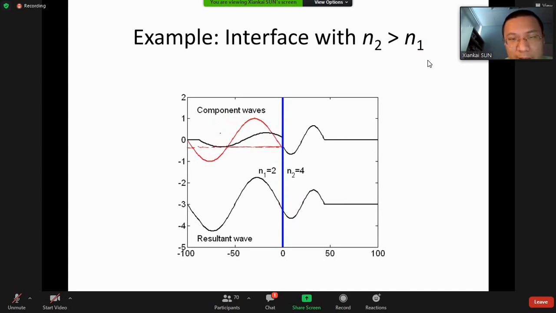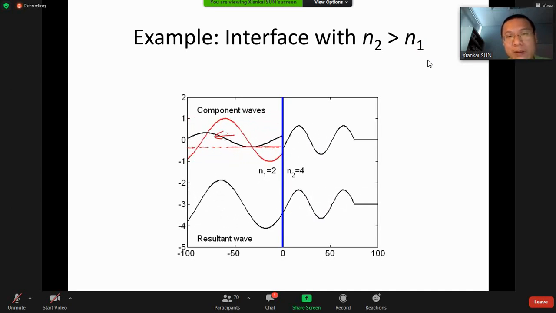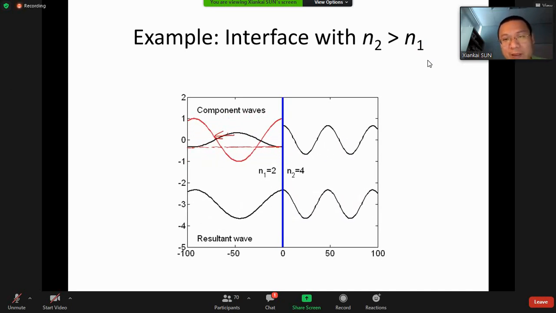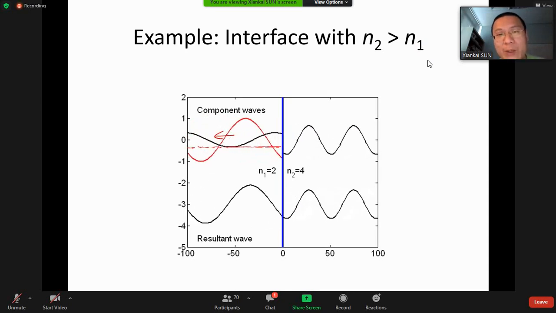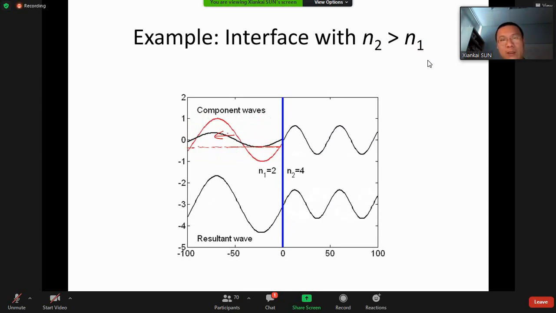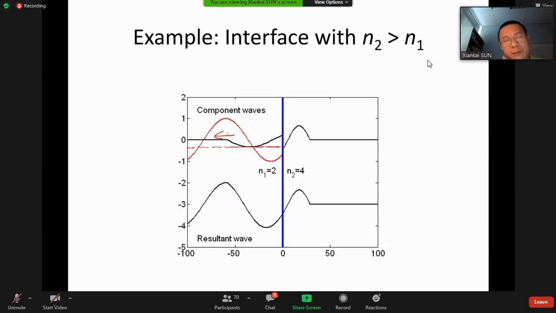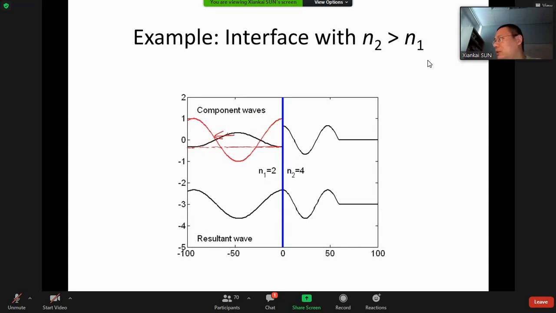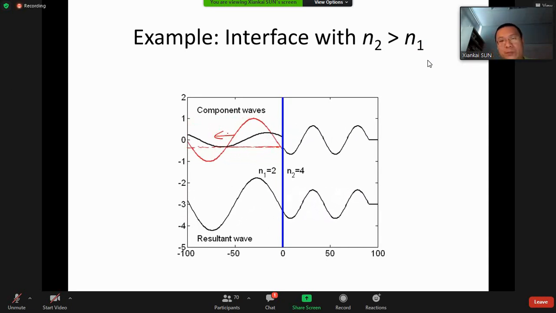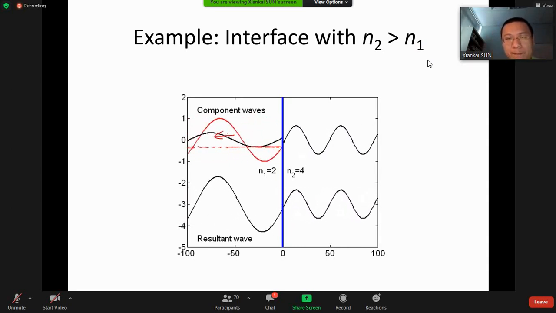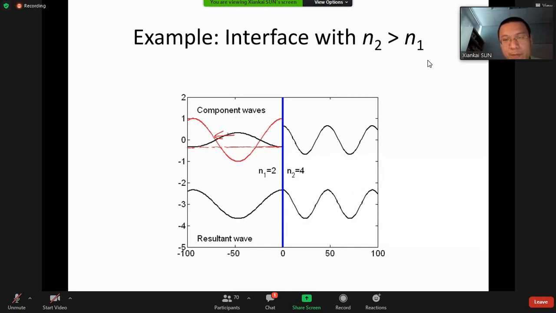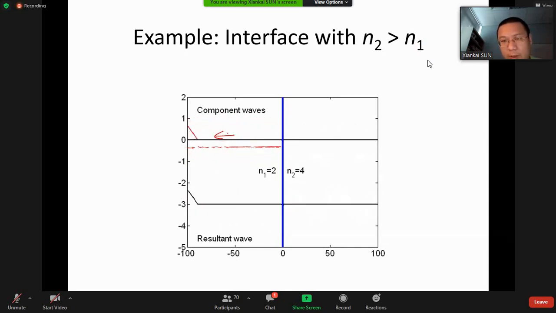You can tell that this black reflected wave, the black curve, is inverted with respect to the incoming wave. So because of that, there is an additional minus sign for the reflection coefficient. Okay, well, let us move on.